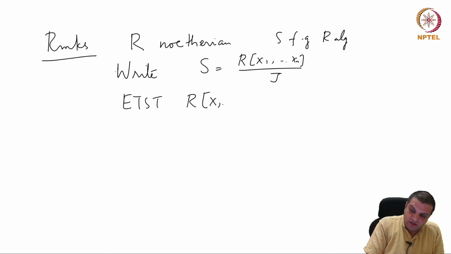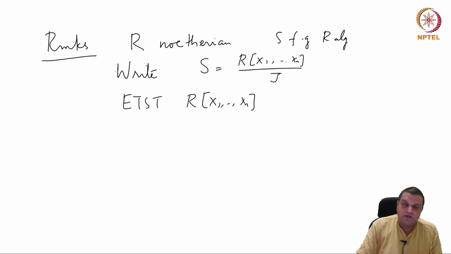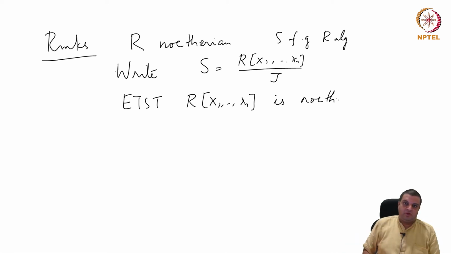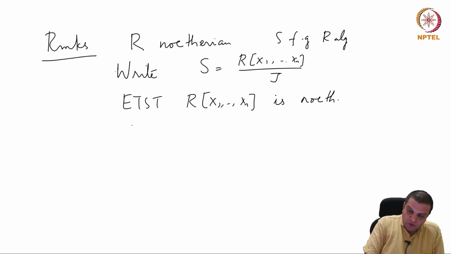We noticed earlier that quotients of Noetherian rings are Noetherian. Okay. This we can do by induction on the number of variables.